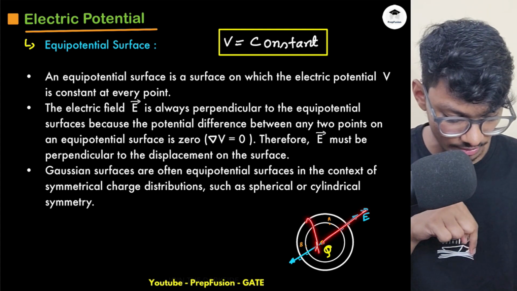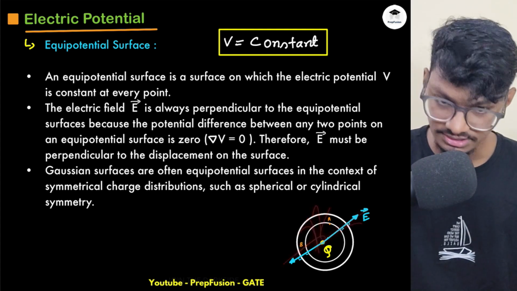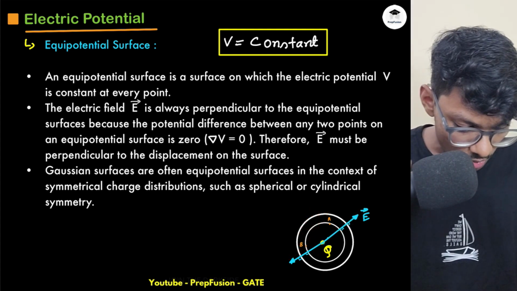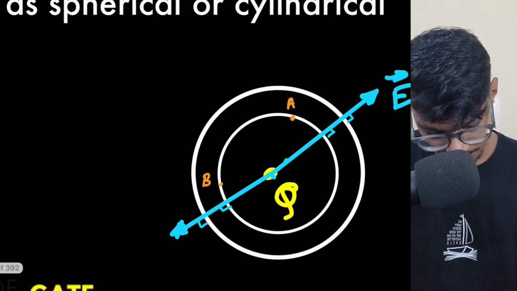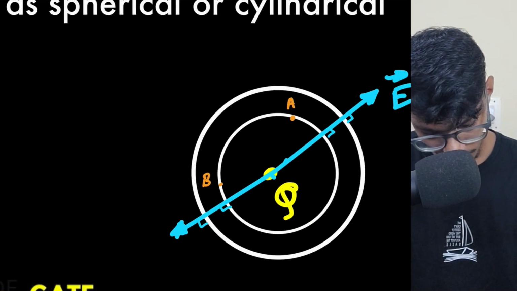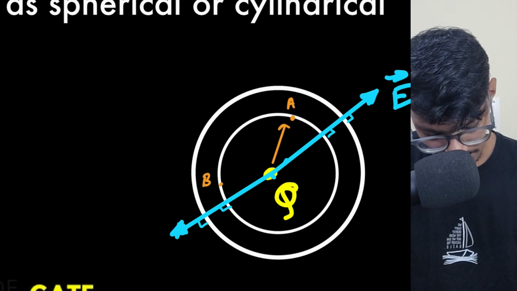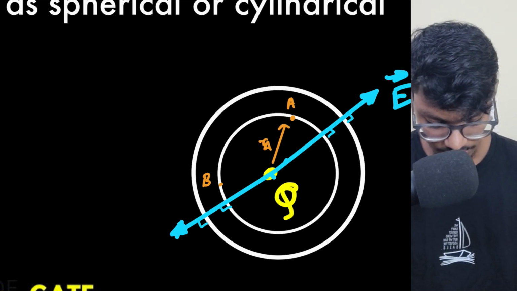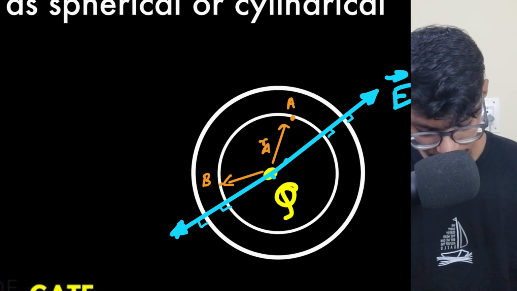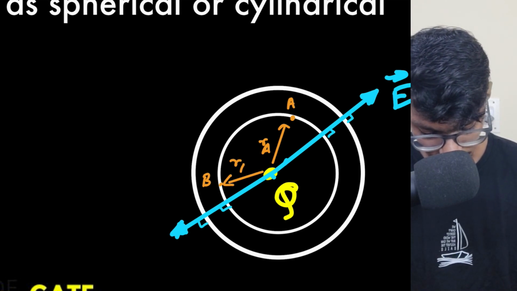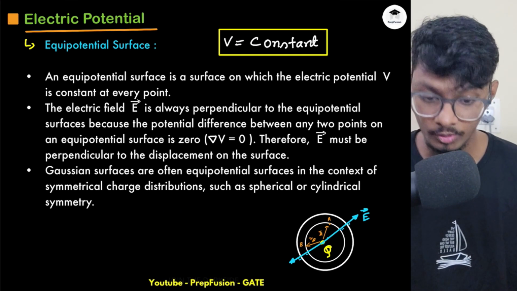This point charge Q produces an electric field like this, correct? Now, if I am at this point, what is the electric potential here? The electric potential is KQ by RA, correct? And what is the electric potential here? The electric potential is KQ by RB. And what relation do I know about RA and RB?